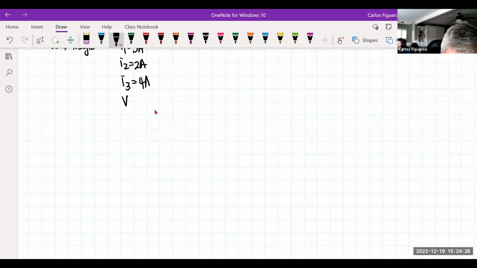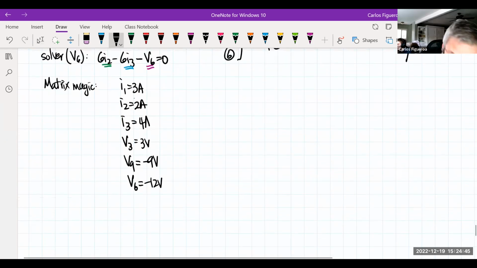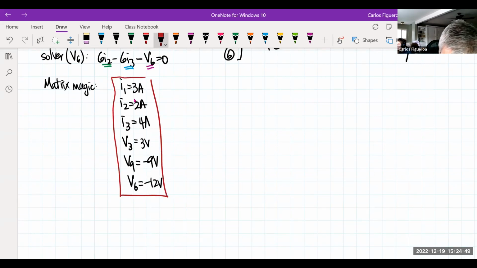Then I get V3, which is equal to 3 volts. V9 turns out to be -9 volts. And then finally, V6, which is -12 volts. So these are the solutions from the matrix calculations. Right, those are my solutions.